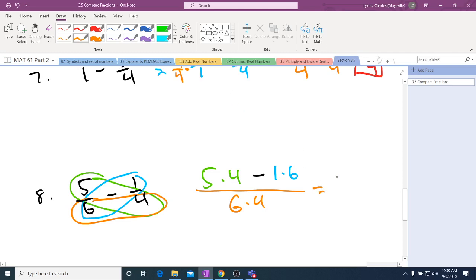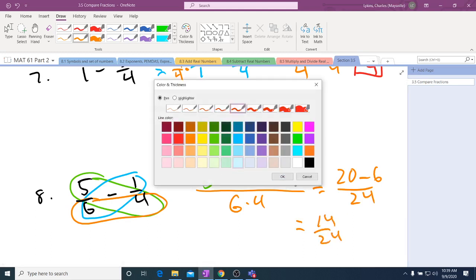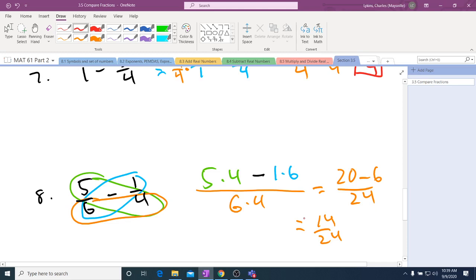So 5 times 4 is 20. 1 times 6 is 6. Over 6 times 4 is 24. Which comes out to be 14 over 24. Which if you divide by 2, you get 7 over 12.